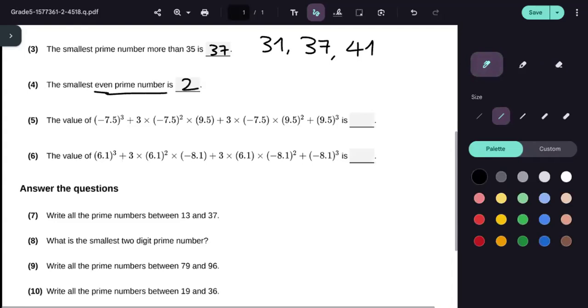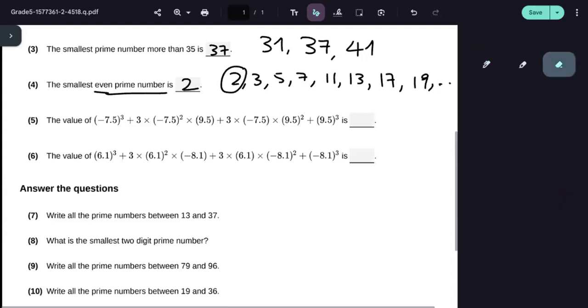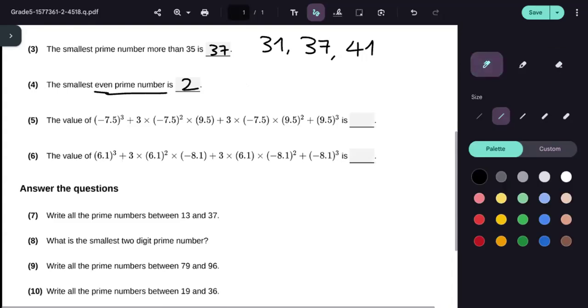Because you have 2, 3, 5, 7, 11, 13, 17, 19, and so on and so forth. So this will be the only even digit there is. 0 is even but is a composite number, for those of you who are thinking of 0.